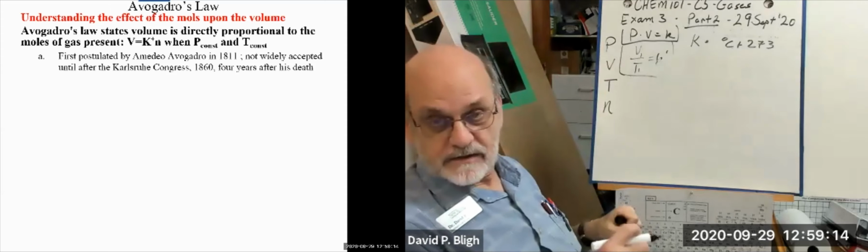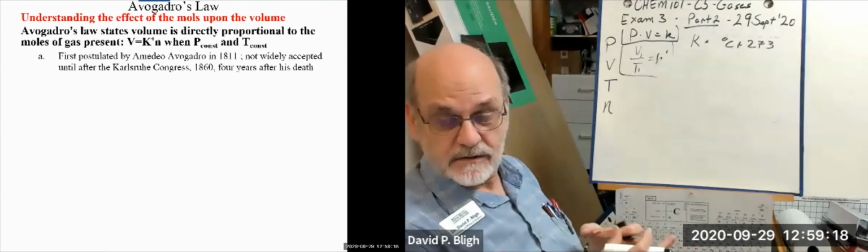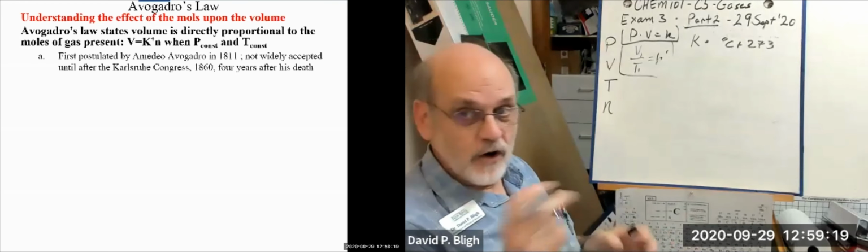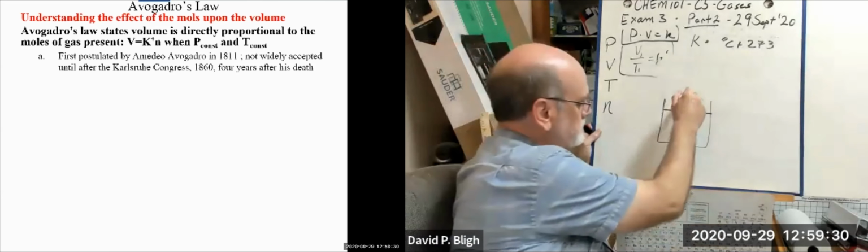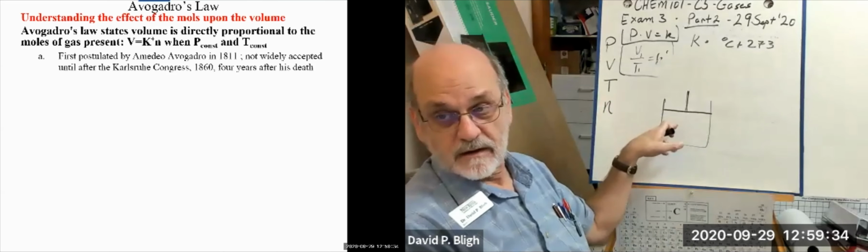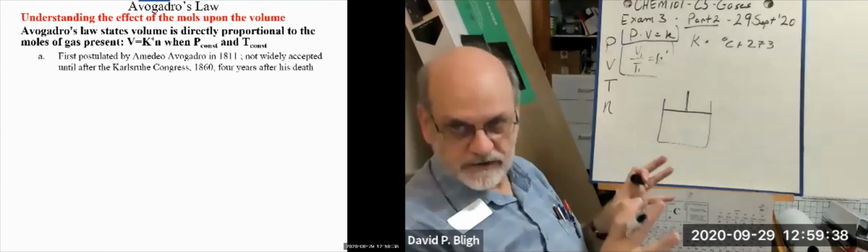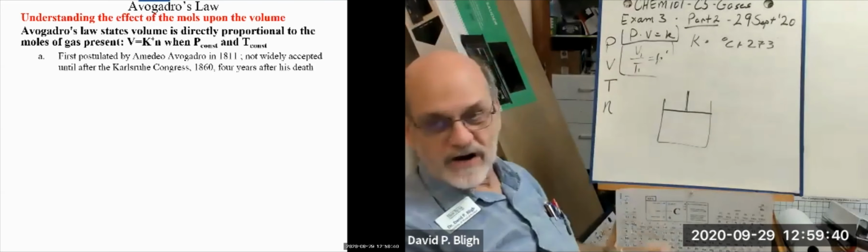Well, my guess is, and this would be a simple way to do it, is once you trap the gas and there's no way in or out, then this is constant. So you've got a container here with a piston in it. So once you set that piston in there, then the amount of gas in there is constant. So that's moles constant.